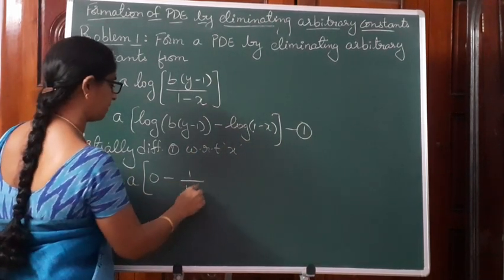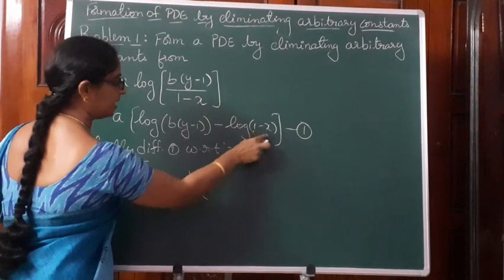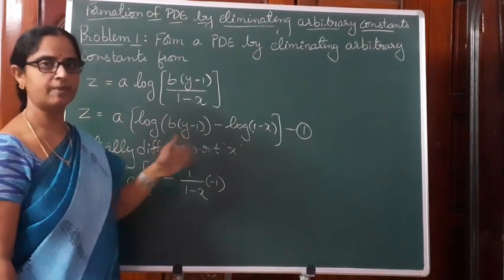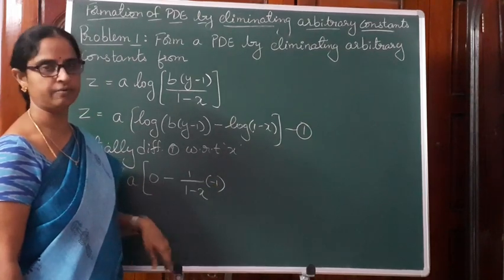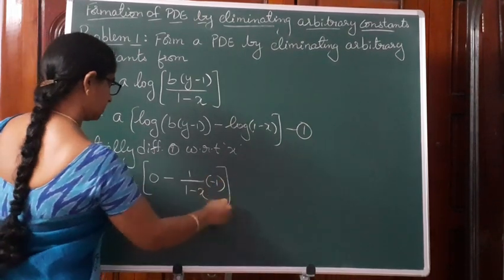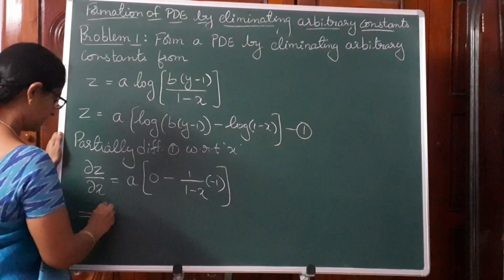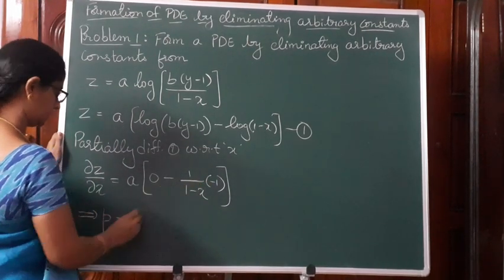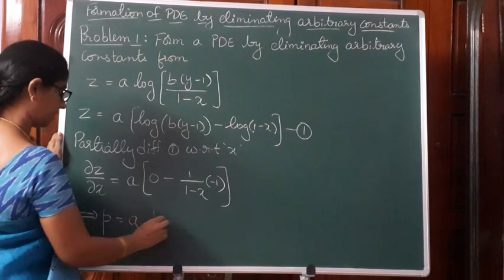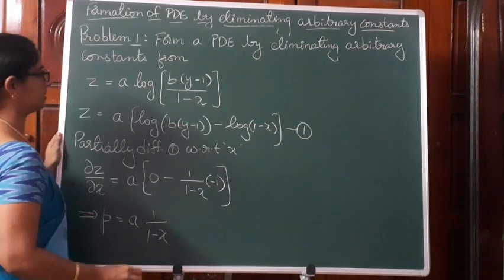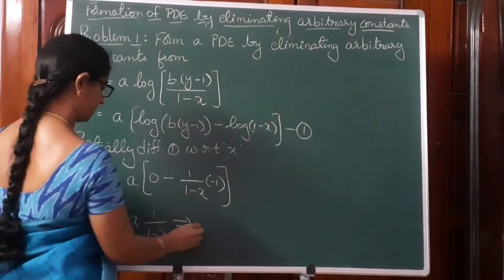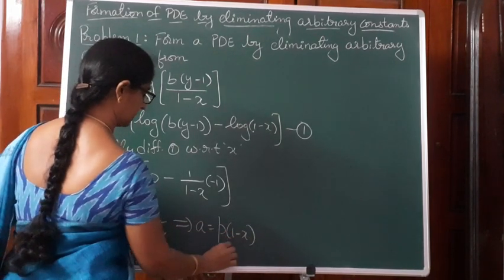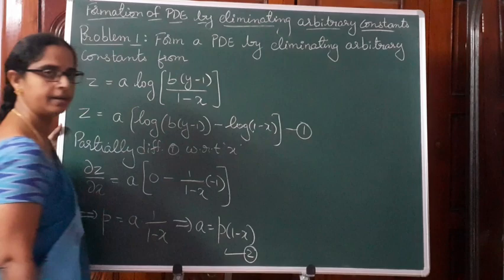Derivative of log f of x is 1 by f of x into f dash of x, so it is 1 by 1 minus x into internal derivative, which is minus 1. So dou z by dou x, that is p, is equal to minus into minus becomes plus, a into 1 by 1 minus x. Or if you want to find a from this, a is equal to p into 1 minus x. Let us call this equation number 2.